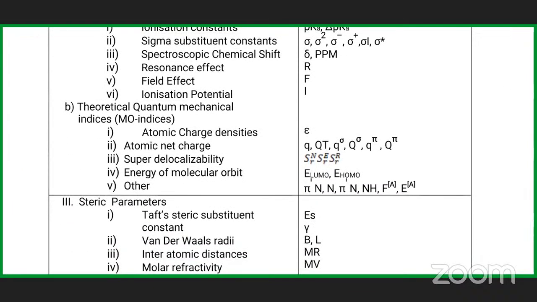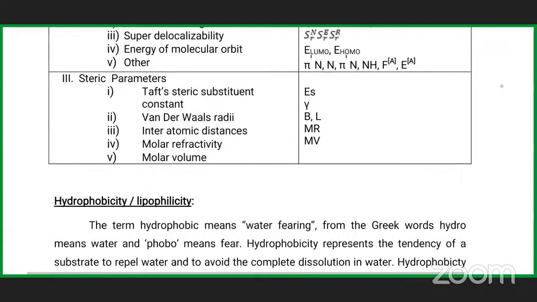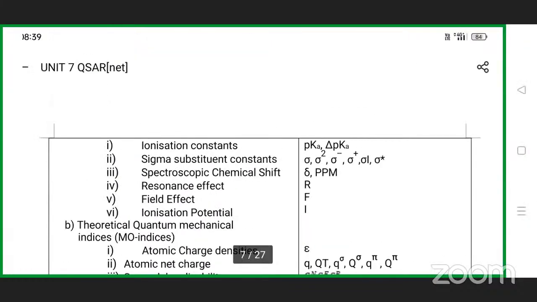So all these are the symbols for various parameters, and the steric factors are also given, like the Taft steric substituent constant is ES, van der Waals radii is BL, interatomic distance is MR, and molar refractivity is MB. So all these are some listed parameters with their denotations, the symbols.